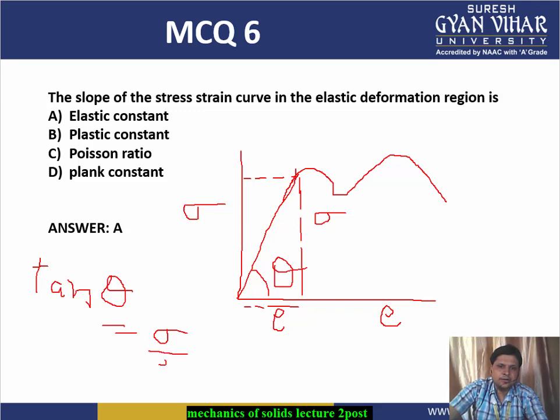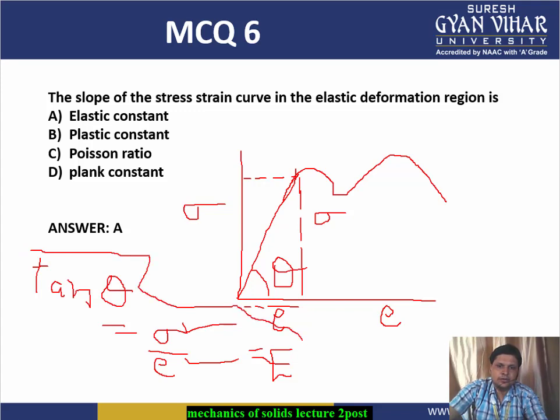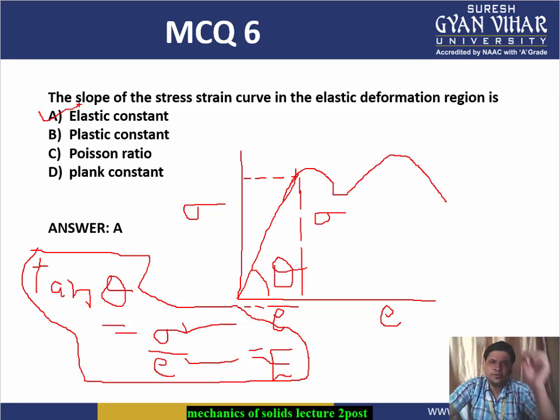is equal to the front side divided by the base side. So you can all see that stress by strain, which is also known as the elastic constant E, is also the slope of the stress strain curve. So the answer of this particular MCQ is option A, which is elastic constant.